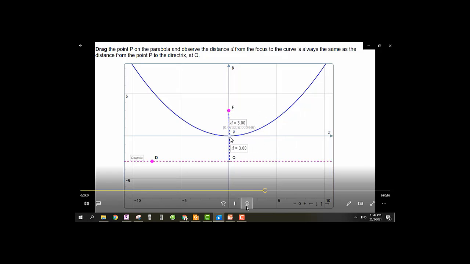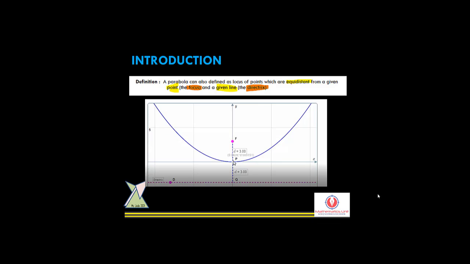Now when we put it at the vertex position, the distance is 3. When I move to the left-hand side, you will find that the distance is increasing consistently from the given point and the given straight line. The given point we call the focus, and the given line we call the directrix.